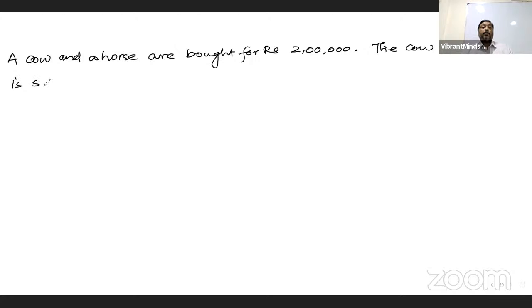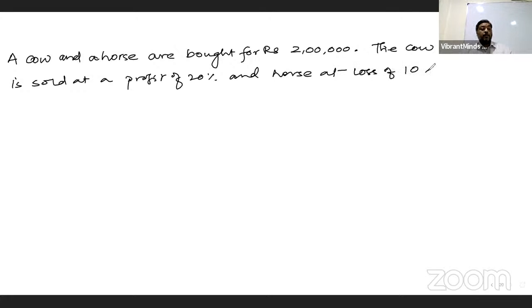The cow is sold at a profit of 20% and horse at a loss of 10%.